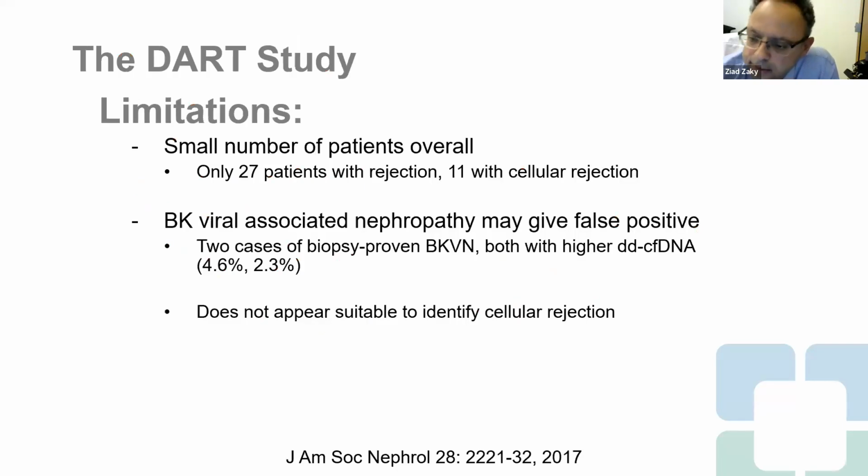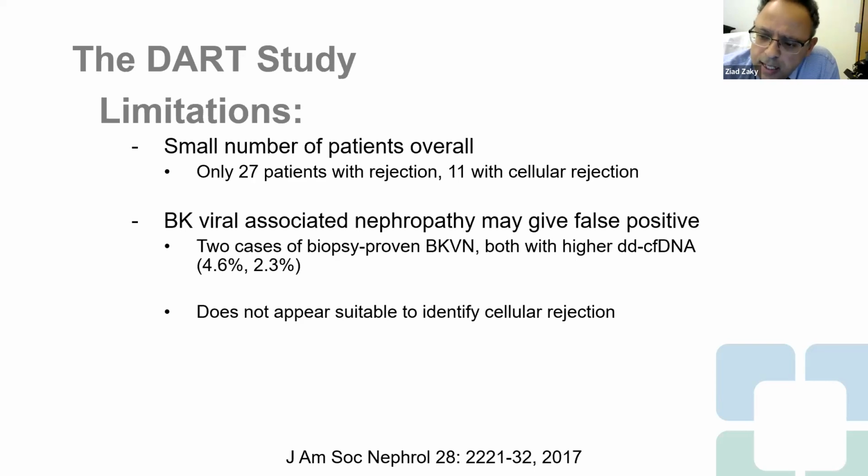But like any study, there were limitations in the DART study. First of all, there was a small number of rejections overall. The donor-derived cell-free DNA did not differentiate between T-cell-mediated rejection and normal biopsies. And in this cohort, we had 2 cases of BK virus-associated nephropathy, which were associated with very high levels of donor-derived cell-free DNA.